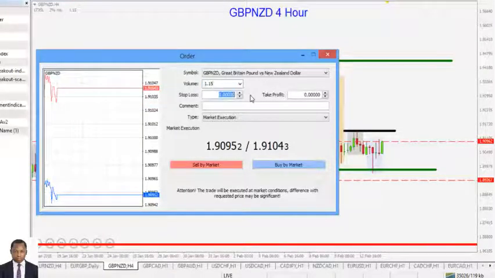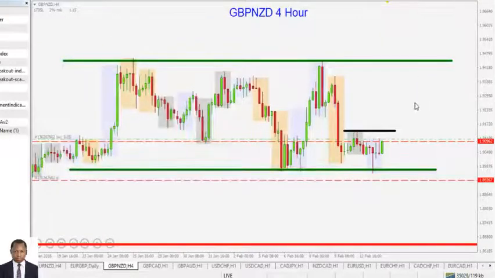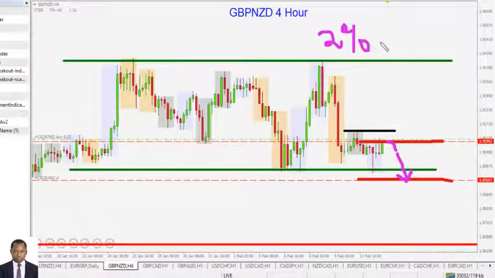The stop loss is 1.8926. All right, so that's it. I'm going to take the trade right now. Buy. I am in that trade right now. This is my stop loss, this is my entry, that is the trade plan. If price turns around hitting my stop loss, I will not be losing more than 2% of my account.